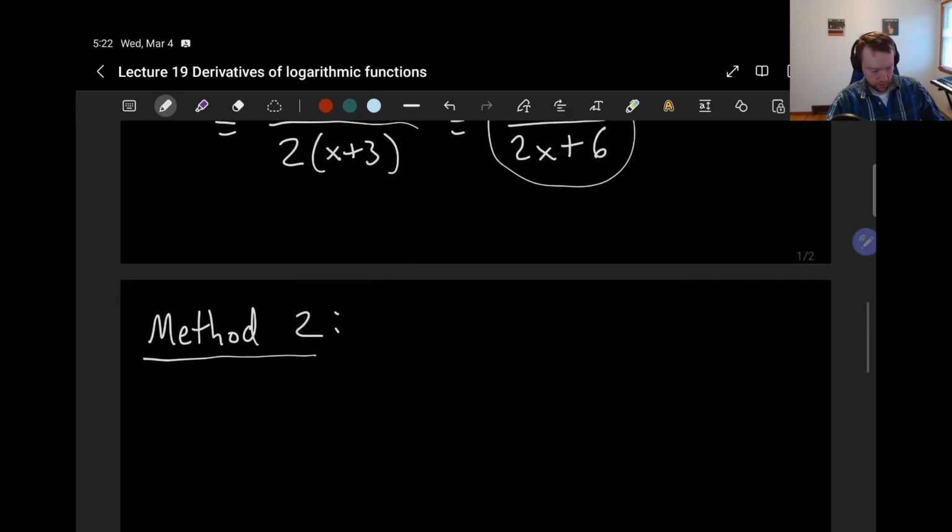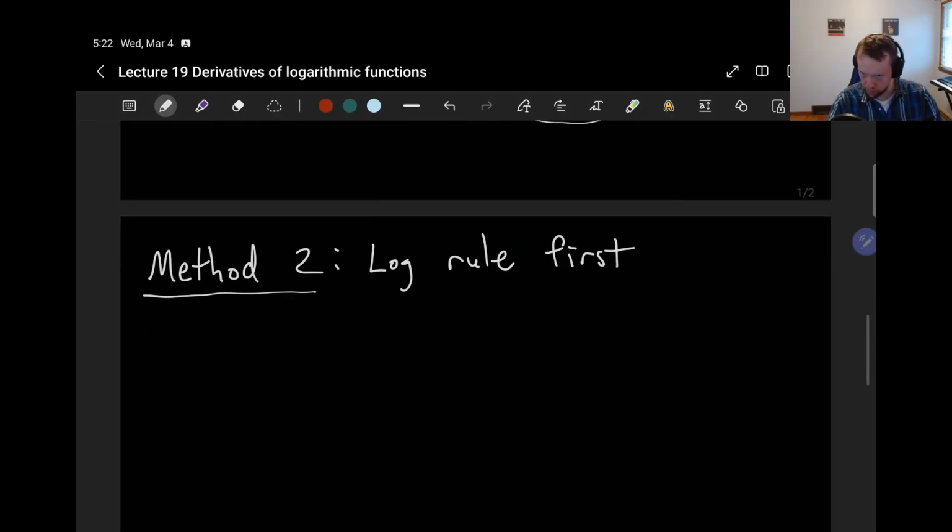Method 2, we will take advantage of log rules. So a log rule first, to start the problem before you even take a derivative. So I'm not yet taking a derivative. I'm going to rewrite the function to make it a little better to work with.